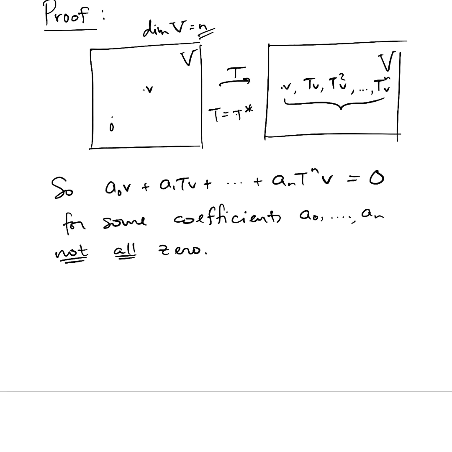Okay. Thus, 0 equals (a0 plus a1 T plus ... an T to the n), all acting on v. Okay. Now you're going to be asked to believe something here in your reading from chapter 4.